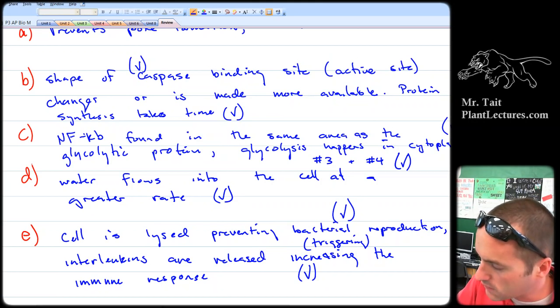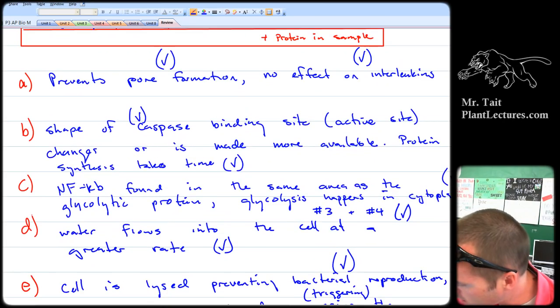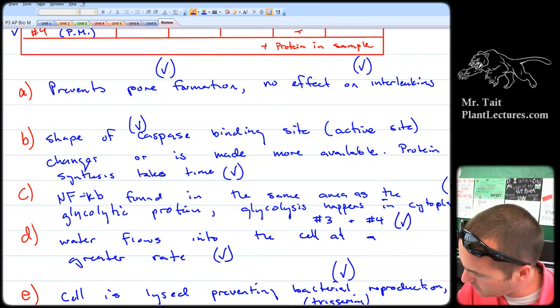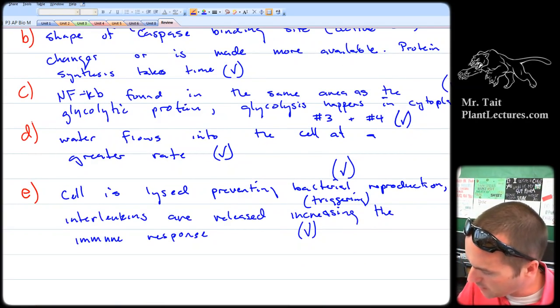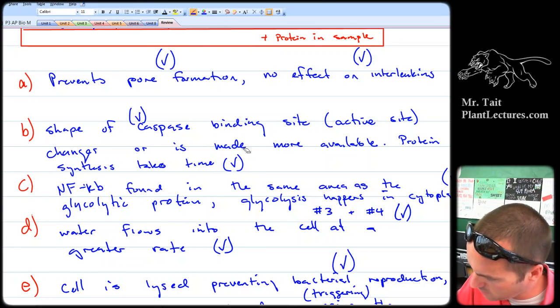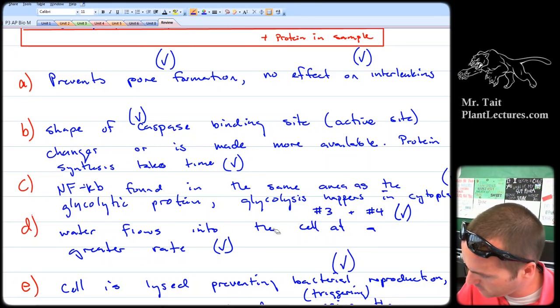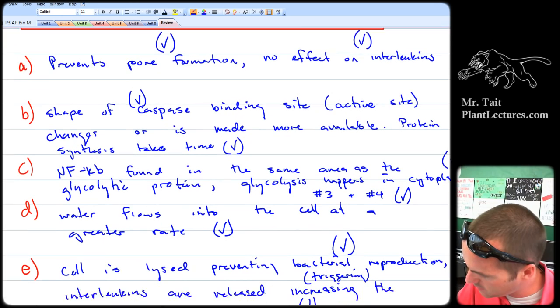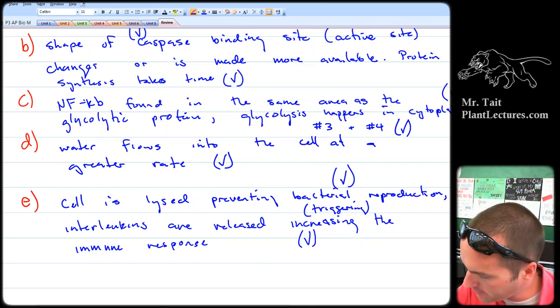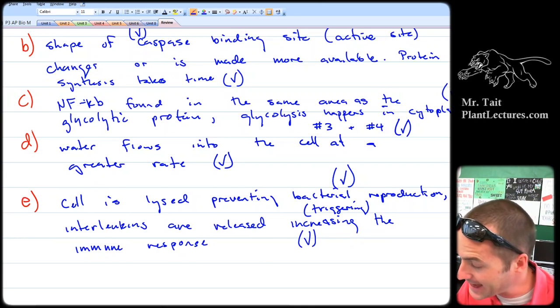So that's a total of 1, 2, 3, 4, 5, 6, 7, 8, 9? Did I miss one? 1, 2, 3, 4, 5, 6, 7, 8, 9. Where did I miss one? So we should have had describe the effect. Oh, and the release of interleukins.